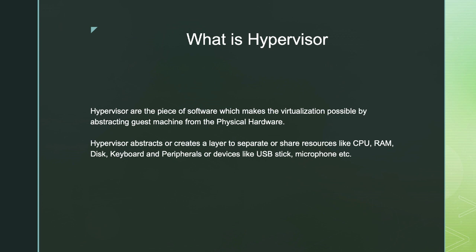So a hypervisor abstracts your physical hardware, and that hardware may be the CPU, RAM, your disk drive, keyboard, any kind of peripherals, and maybe even USB sticks and microphones. There are some problems with some devices, like a microphone may not be shared very properly, but those are limitations from the hypervisor software perspective.